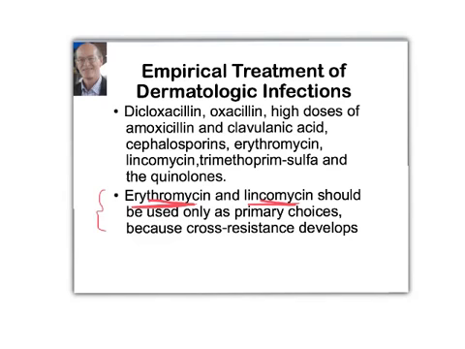Going to the top, notice we have Clavamox, dicloxacillin, oxacillin, and then certain cephalosporins. We mentioned erythromycin and lincomycin already. Probably coming back to the fore is trimethoprim-sulfa, and of course any of the quinolones.